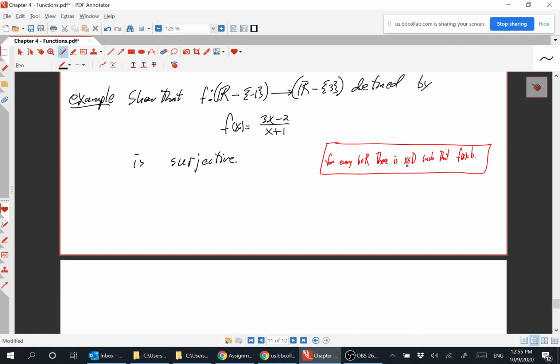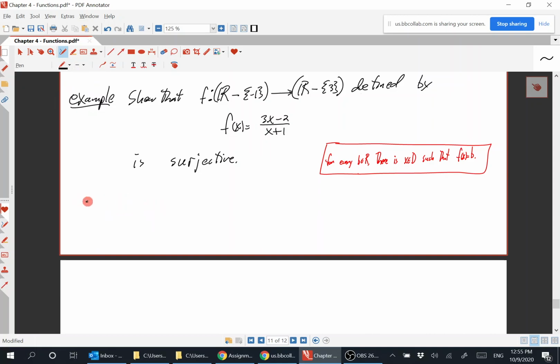You would pick a random bee and prove that there is a flower it likes. Pick some archetypical bee. The term that's often used is pick an arbitrary bee. You don't know anything special about this bee.